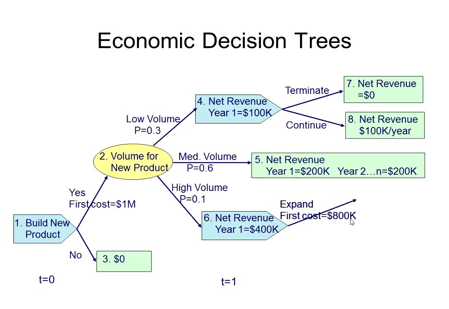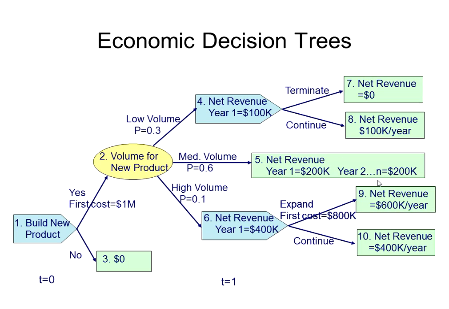So that's 800,000, and what's going to happen in terms of outcome is we're going to get even higher revenue, rather than just 400,000, we're going to get 600,000 per year when we expand. But we could also just continue rather than expanding, and that would keep giving us 400,000 in consecutive years. So we'll get a net revenue of 400,000 per year.